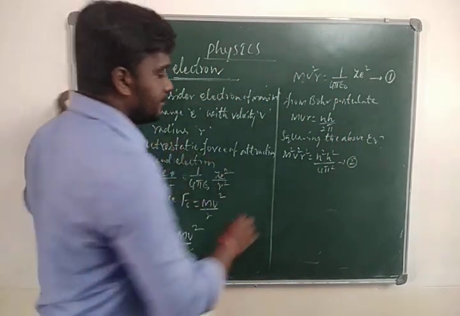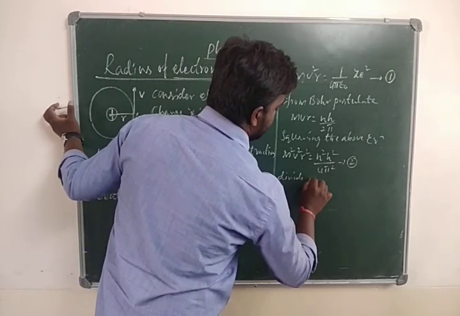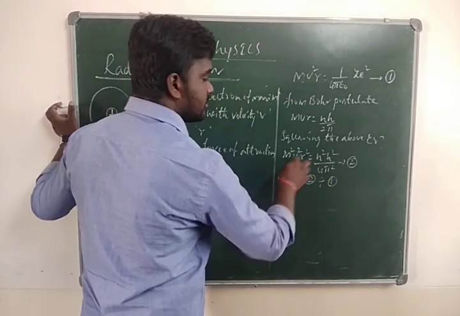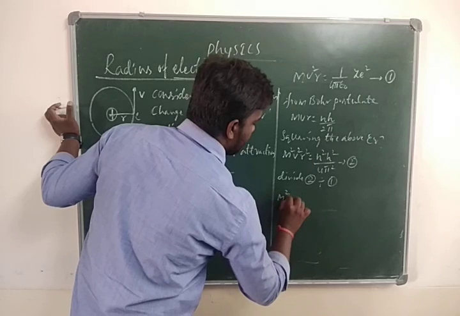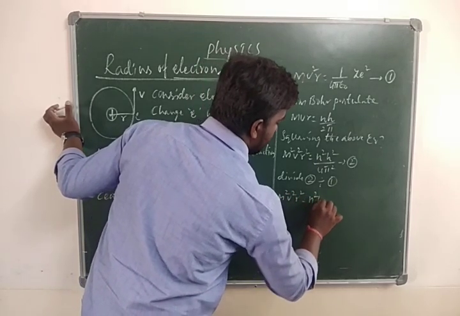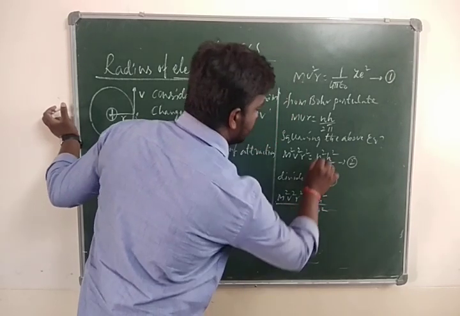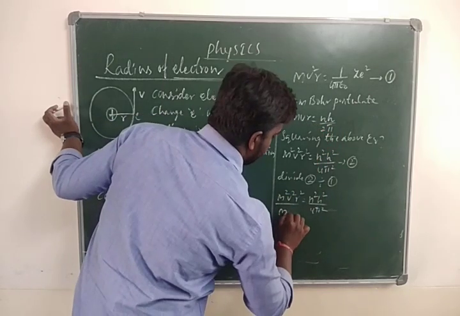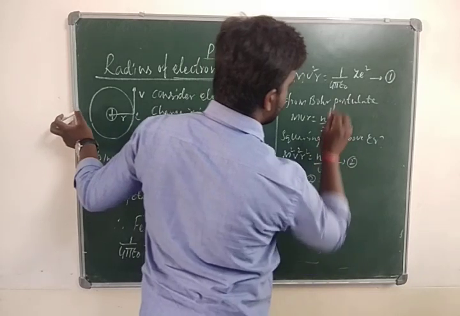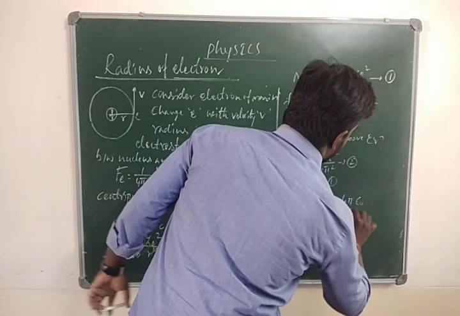Clear? Now divide equation 2 by equation 1. Equation 2 is m square v square r square equals n square h square by 4 pi square, divided by equation 1, mv square r equals Ze square by 4 pi epsilon naught.